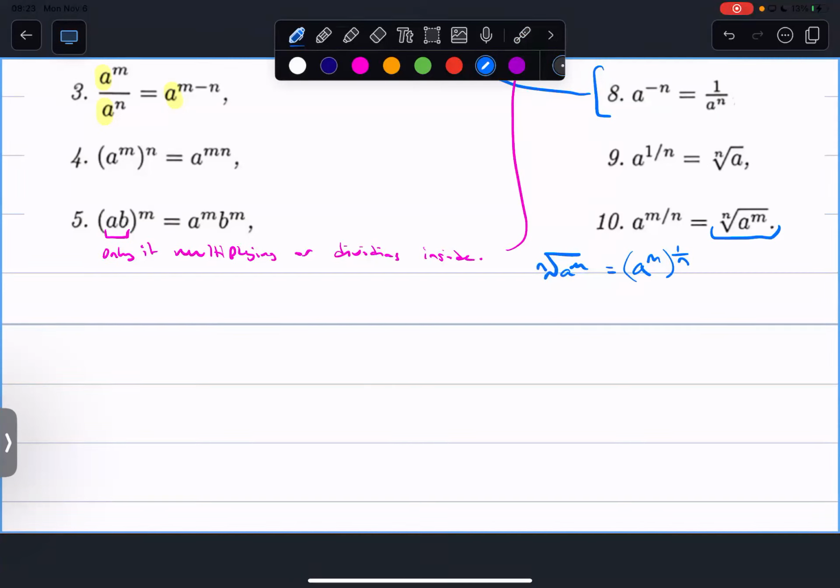Then, and maybe I'll write that here, from 9. But then if I have a to the power of m times 1 over n, I can rewrite that as, no, it's this one, sorry, 4. A to the power of m times 1 over n becomes a to the m over n, right? M times 1 over n. So this becomes a to the m over n from 4.